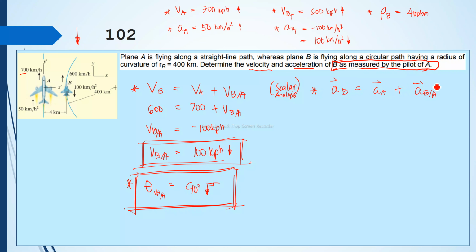Because plane B is moving in a circular path, so it has a tangential and a normal component of acceleration. We are already given the tangential component, so we need to find the normal component of the acceleration of B. Its normal component is equal to the square of its tangential velocity over the radius of curvature. So we have 600 squared over 400.